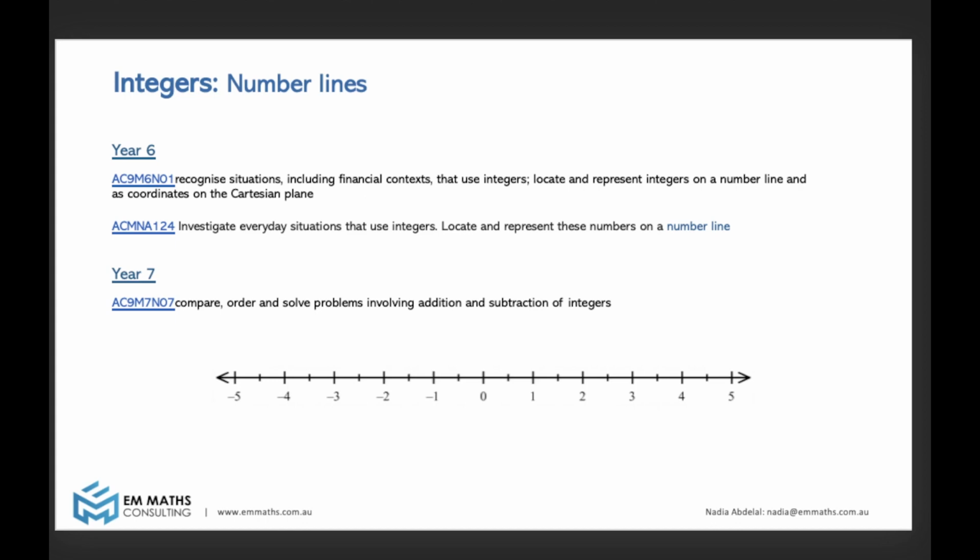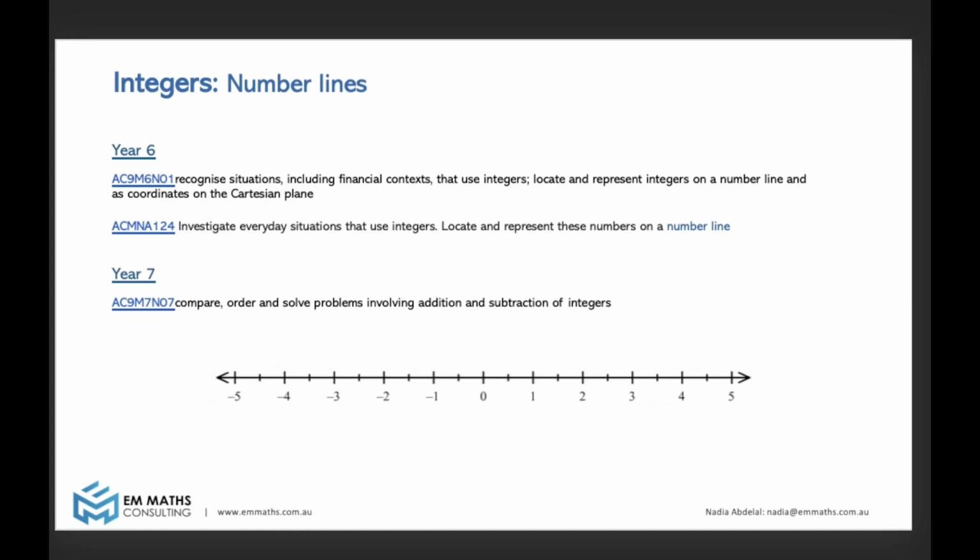Cartesian or coordinate geometry is a very good, practical, contextual place that students can use integers, or positive and negative numbers, on a number line. The other one is to investigate everyday situations that use integers and how to locate these on a number line.